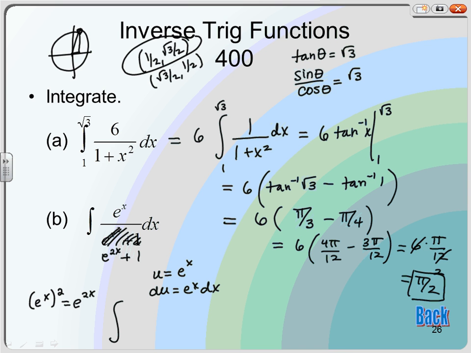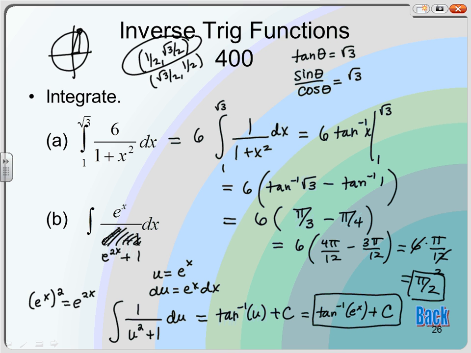So when I replace, I have 1 over u squared plus 1 with a du. So that's inverse tangent of u plus c, which is inverse tangent of e to the x plus c. So that's our solution. Don't forget your plus c, it wasn't a definite integral, there were no numbers.